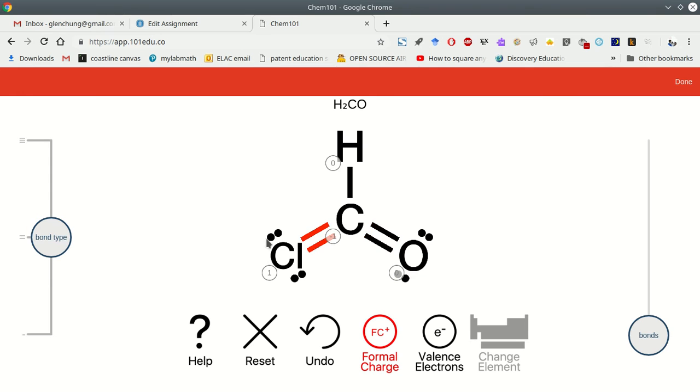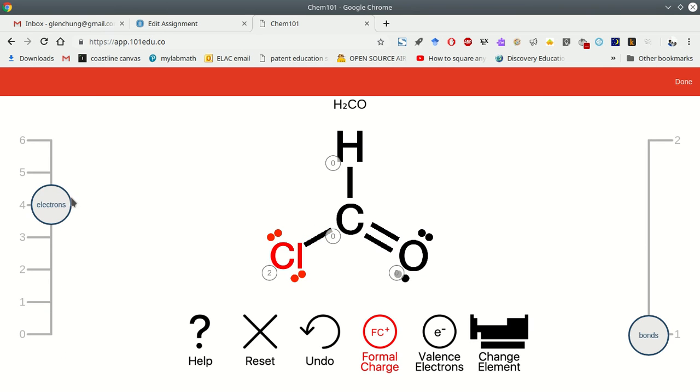And I can take off this double bond and give this atom back its own valence electrons, and you see all the formal charges here are 0. So that tells you that this is the correct Lewis structure. So one more time, you don't need to worry about the formal charges when you are doing this homework assignment, but you are going to need them in the next homework assignment. Okay? Thank you.